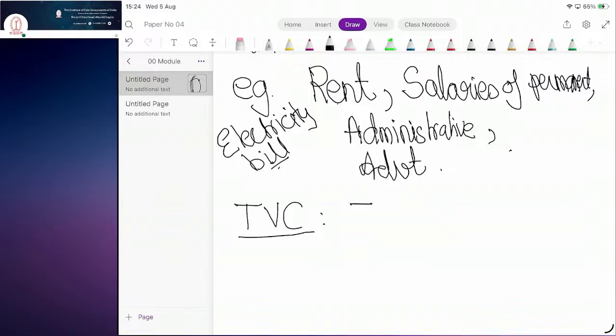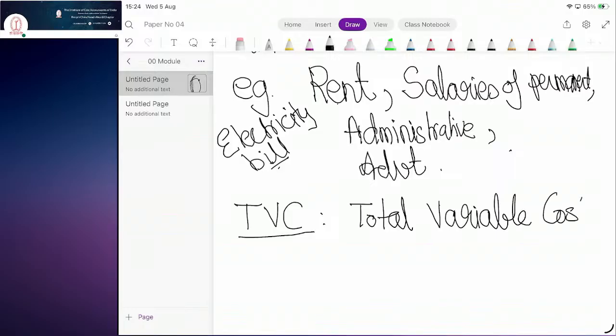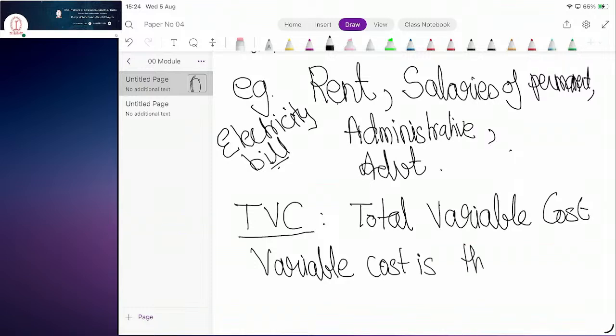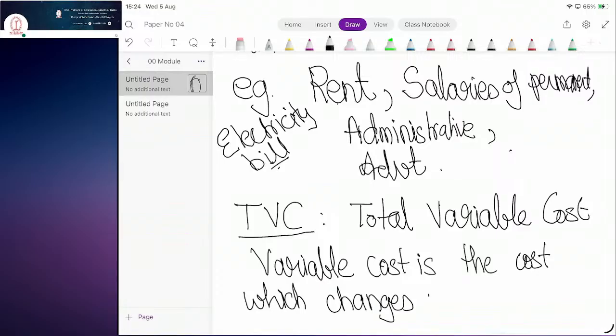Total variable cost. Okay, write what is variable cost. Variable cost is the cost which changes with output.